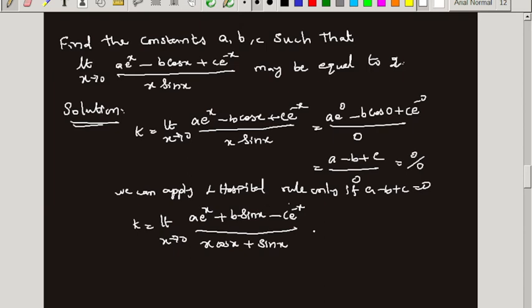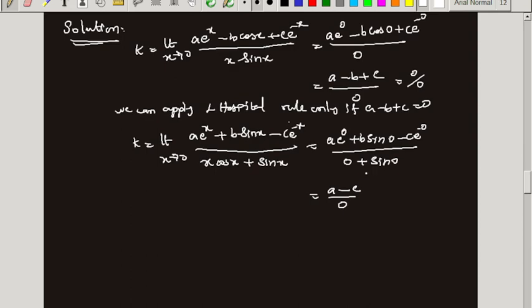If we substitute 0, the numerator is a e^0 plus b sin 0 minus c e^(-0), dividing by 0 plus sin 0. So the numerator gives a minus c, dividing by 0.